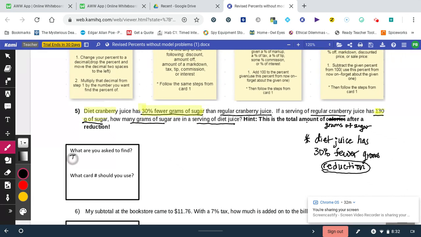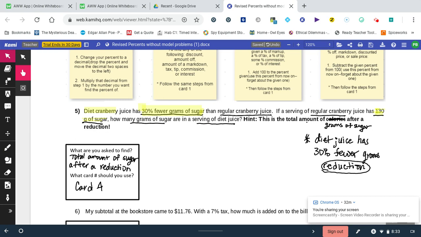So we're asked to find the total amount of sugar after a reduction, because you have to reduce it by 30%. What card should we use? That's going to be card 4. All right, so for card 4, you're going to subtract the given percent from 100 and then follow the steps from card 1.